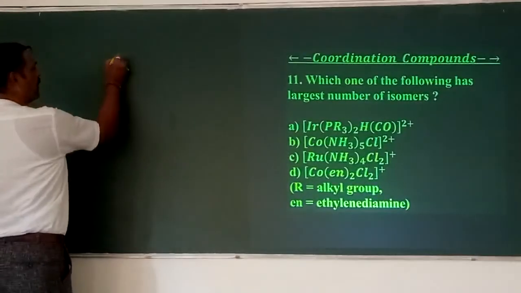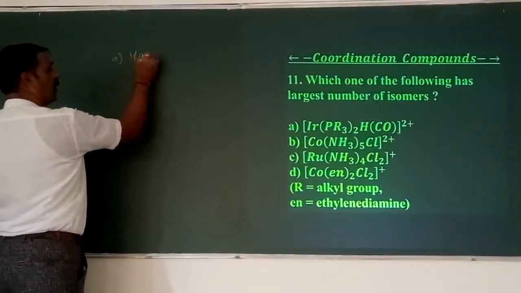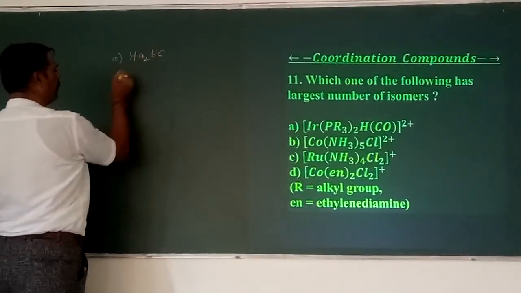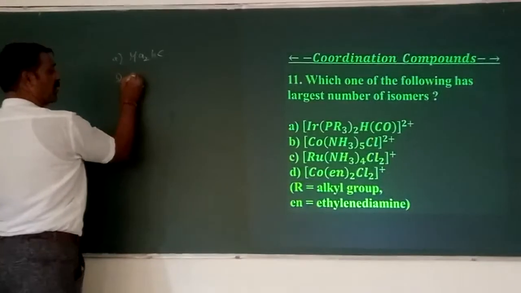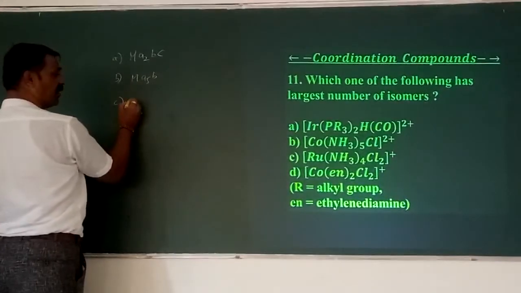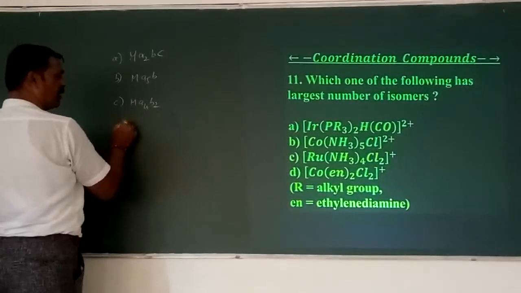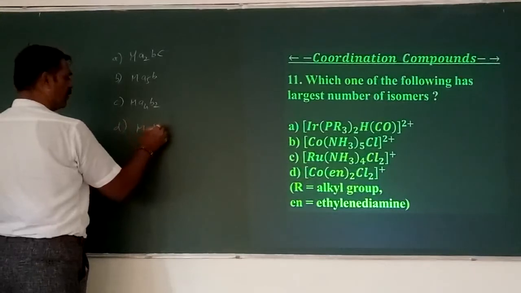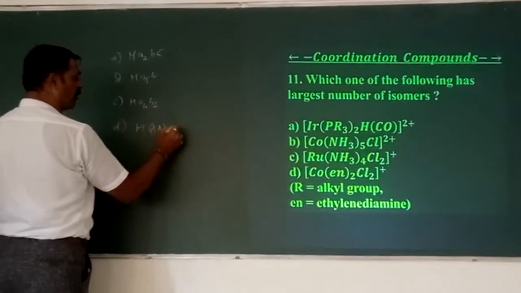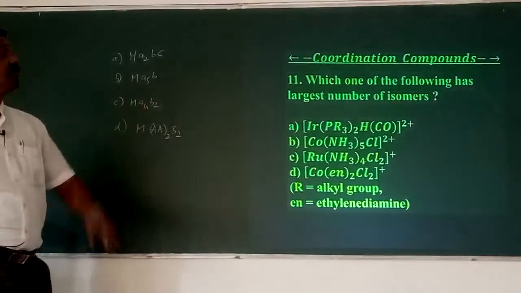So I think A is MA2BC type, B is MA5B type, C is MA4B2 type, and D is MA2B2 type. Okay. Largest number of isomers.